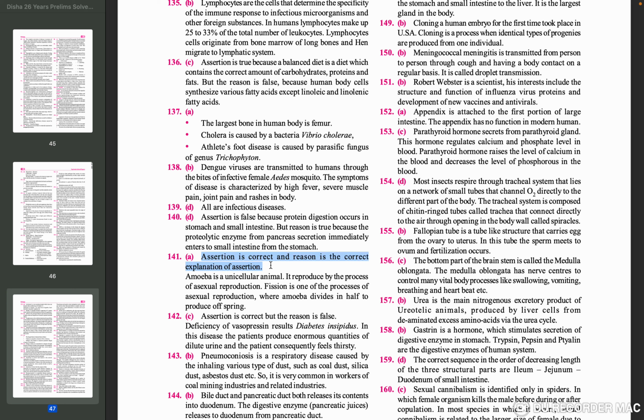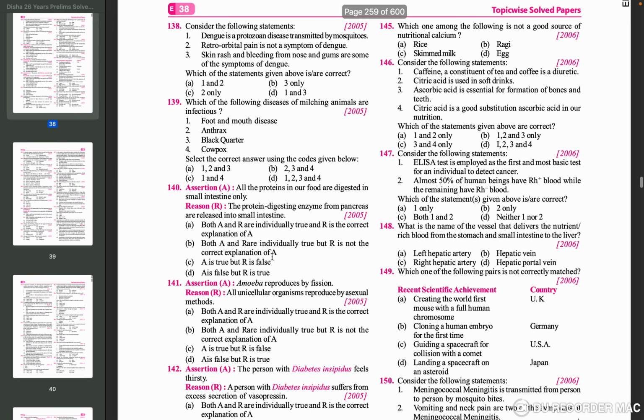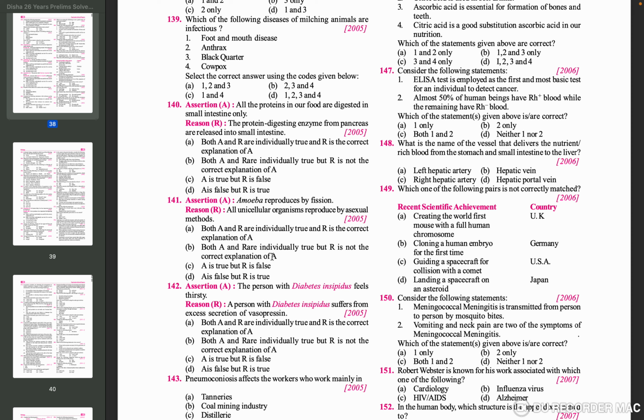Okay, I was wrong. Amoeba is a unicellular animal. Okay, for sexual reproduction.